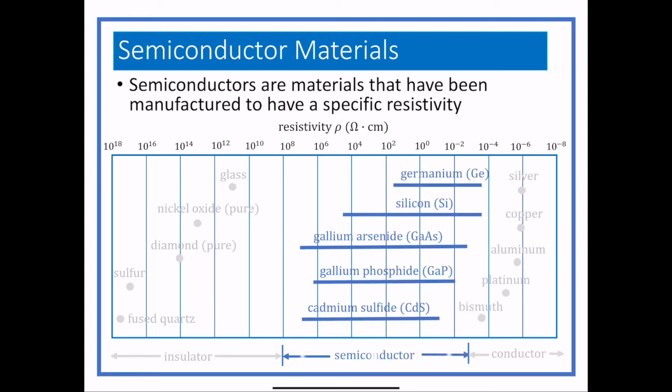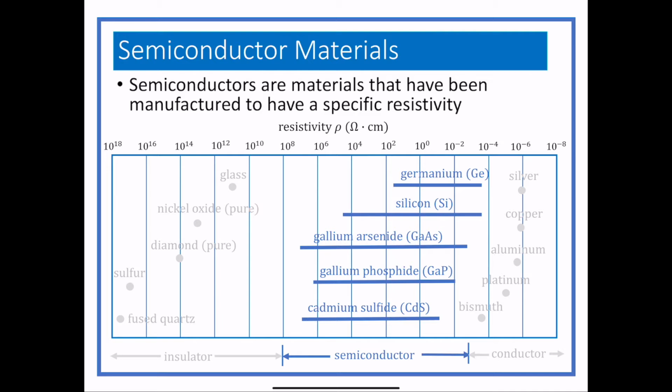The cool thing about semiconductors is each one and each type, and this is not an exhaustive list of semiconductor materials, but you will notice that each one of them has a range of resistivities, and they're intermediate between being conductors and insulators. And this is really what makes semiconductors different: they can be designed to have a specific resistivity.